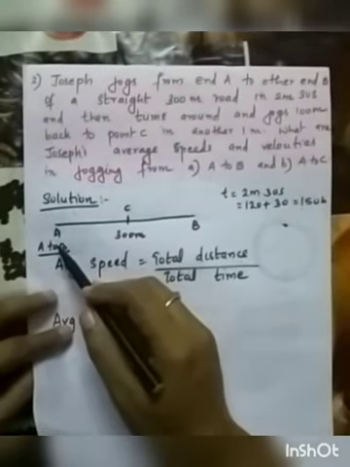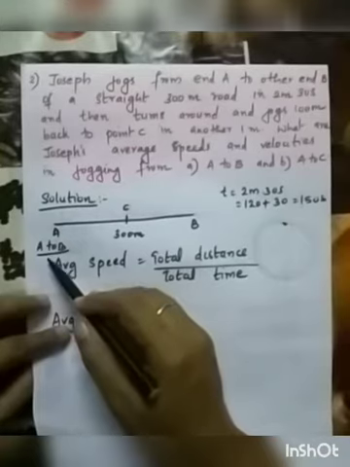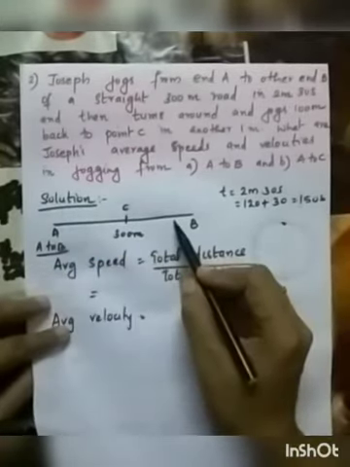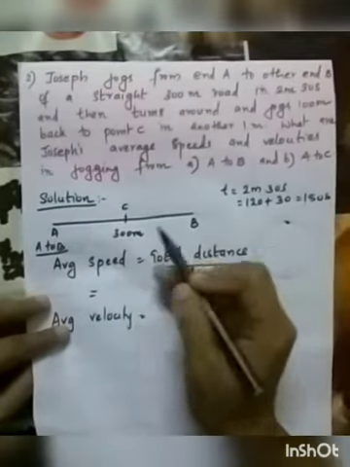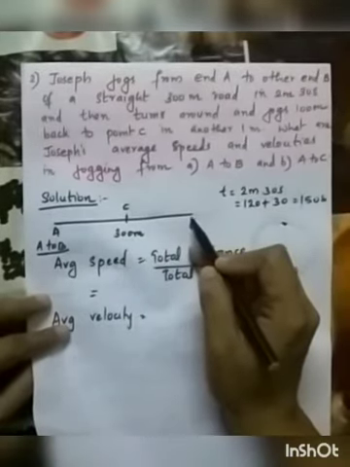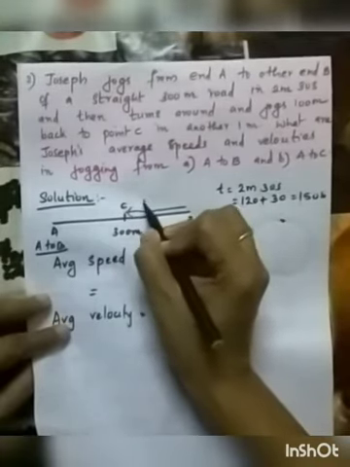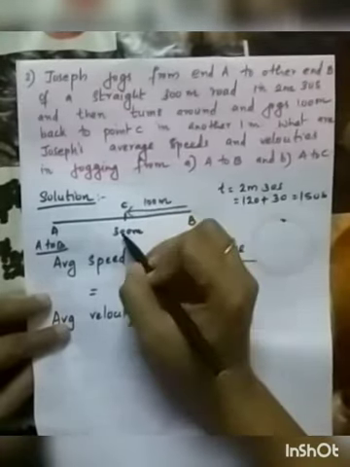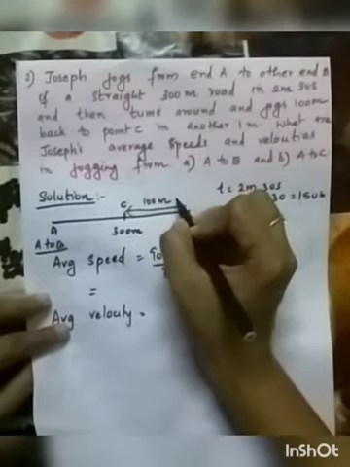So first we can find out the average speed and velocity of Joseph in jogging from A to B. This is the path followed by Joseph. From A to B, the path length is 300 meter, and after reaching the point B, he turns back 100 meter and reaches the point C within 1 minute.